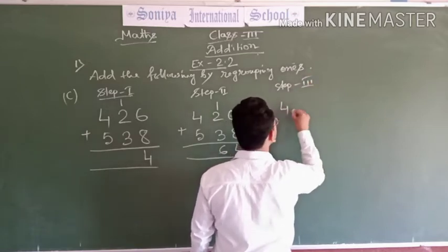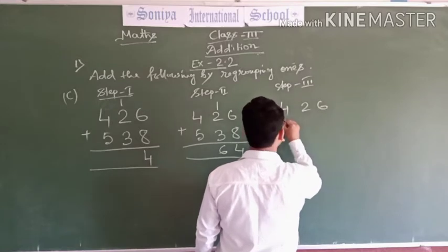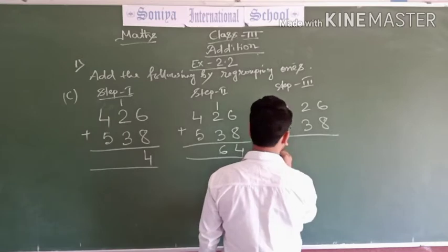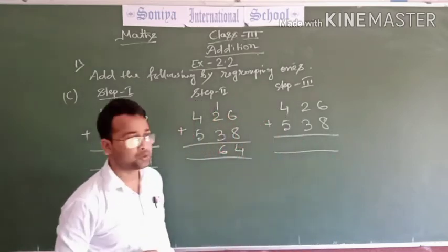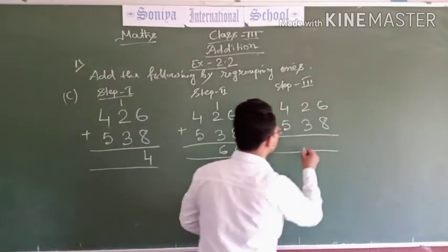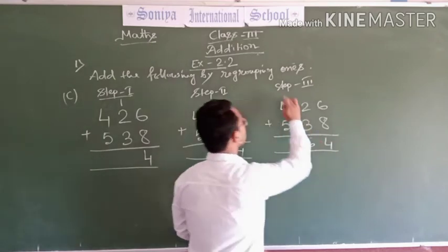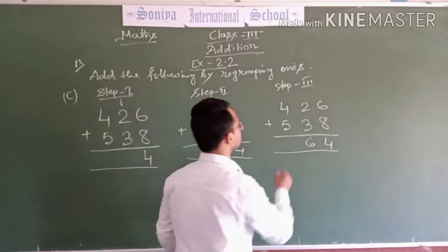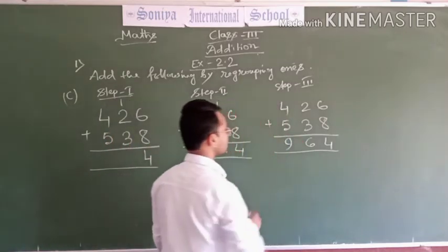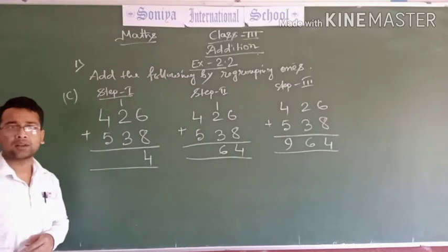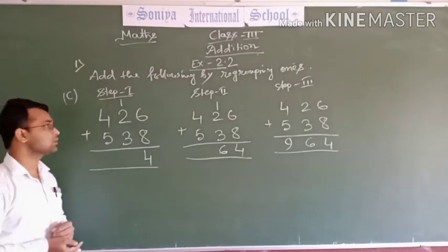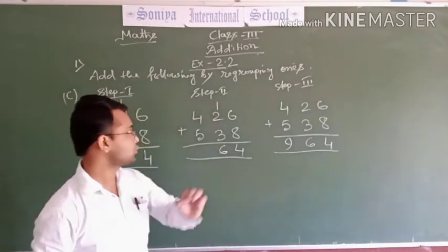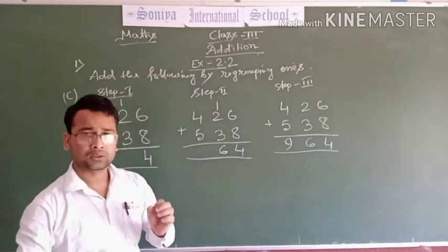We got 6 and 4 from step 1 and step 2, and in step 3 add the hundreds places. 4 and 5 is equal to 9. So the answer is 964. I hope you understood regrouping ones.